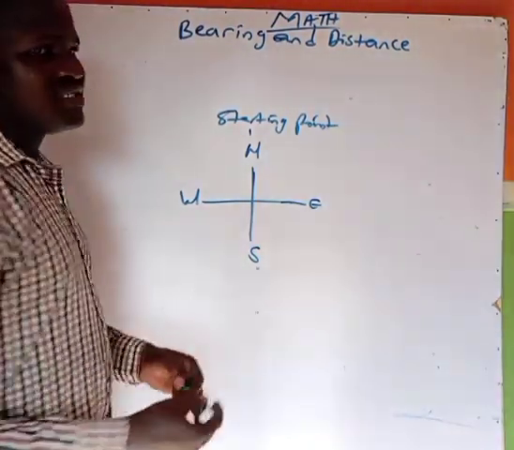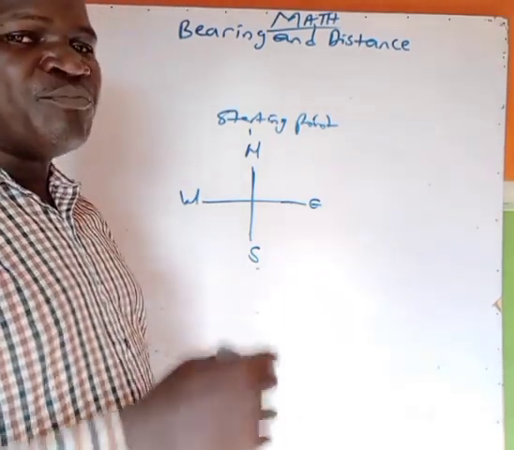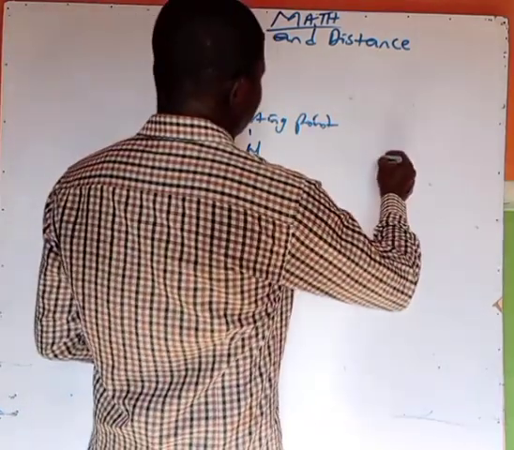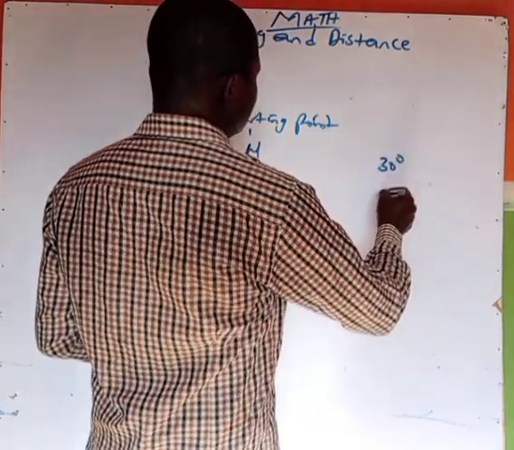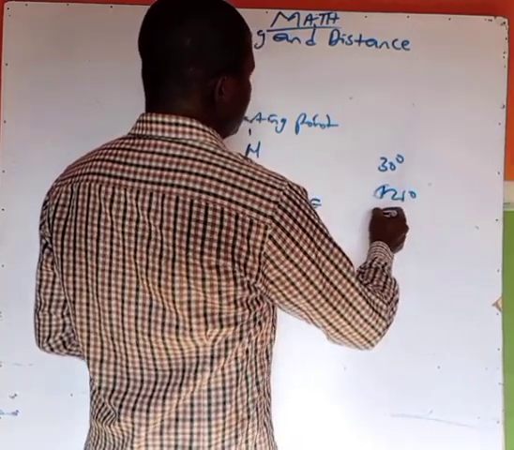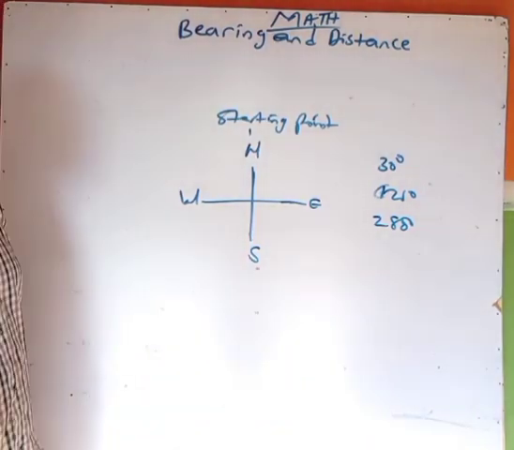One, they can tell you that somebody moves on a bearing of, say, 30 degrees, 120 degrees, 280 degrees. Just look at this.